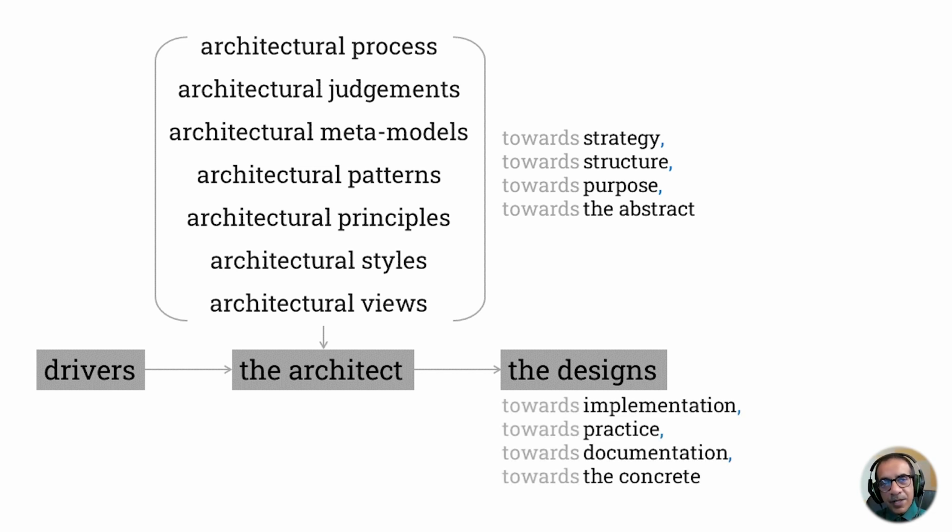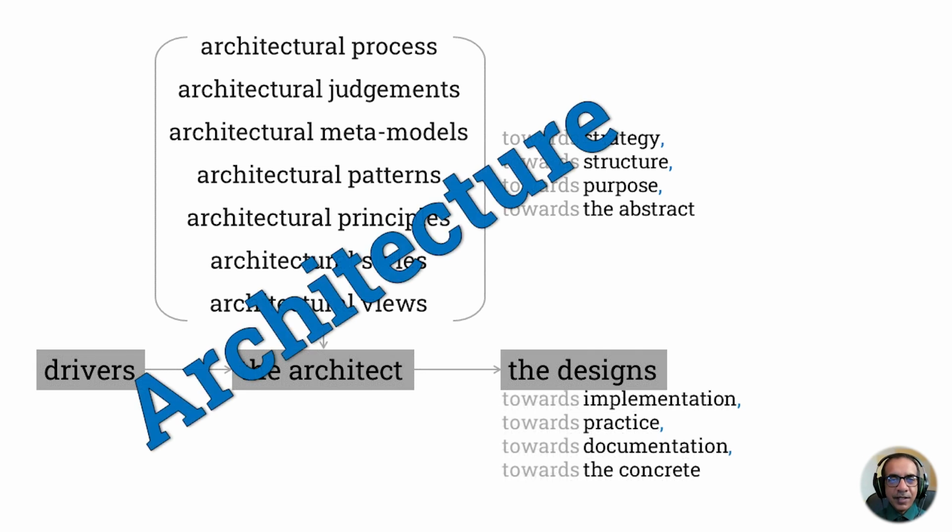The design he comes up with is focused on implementation, on best practices, on documenting the ideas. It is more concrete in nature for the stakeholders to understand, for the engineers to follow. And all of it together is architecture. So it's not a single act that you can call an architecture.